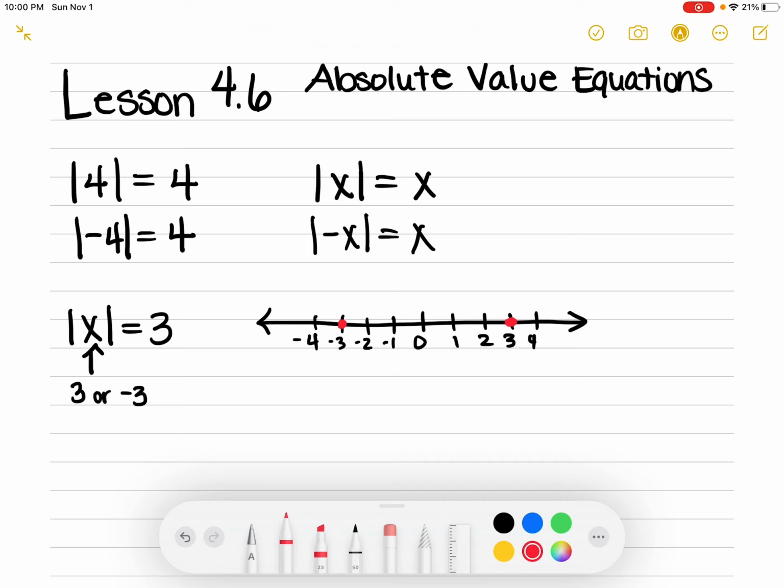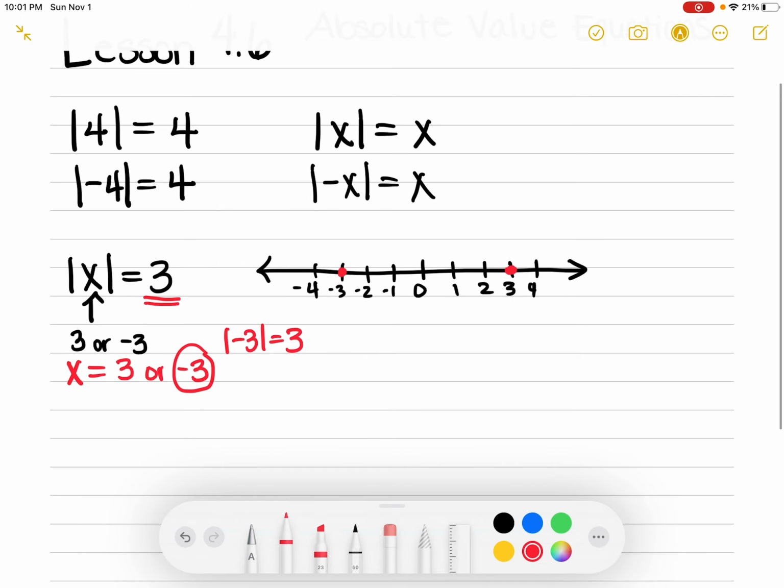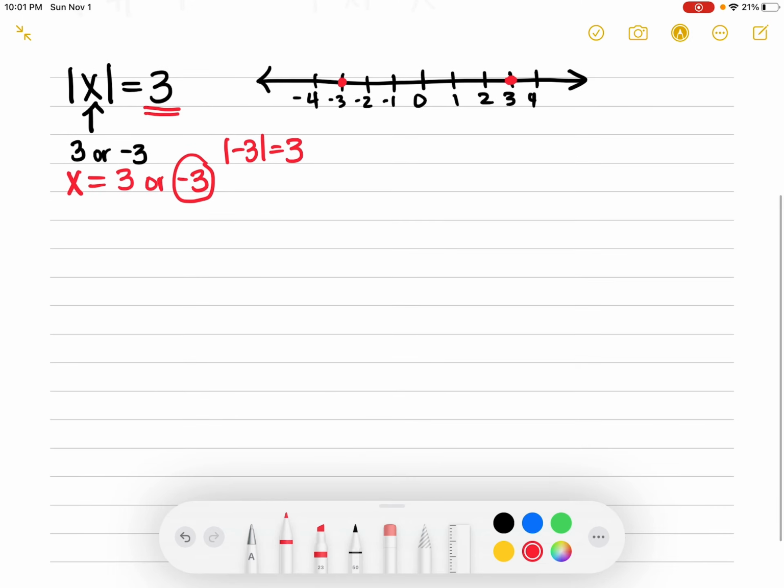Okay, so let's talk about that. This is x equals 3 or -3, because remember, this is the absolute value. So I'm trying to get a positive 3 in the end, but I could have a -3 inside of that, and it would equal positive 3. So my answer for the absolute value of x equals 3 would be x equals 3 or -3.